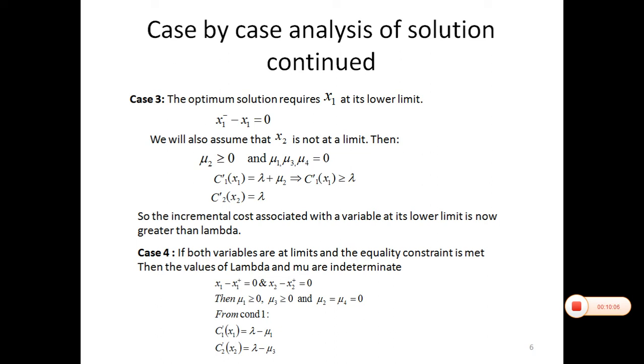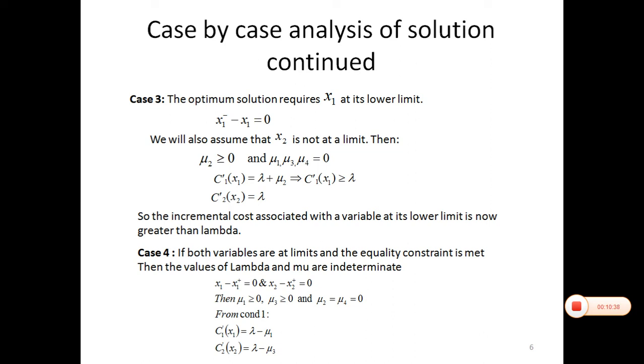Case 4: if we have both variables at limits and the equality constraint is met, then the values of lambda and mu are indeterminate. We'll have x1 minus x1 plus equals to 0 and x2 minus x2 plus equals to 0. In this situation, mu1 will be greater than or equal to 0, mu3 will be greater than or equal to 0, and mu2 and mu4 will be equal to 0.